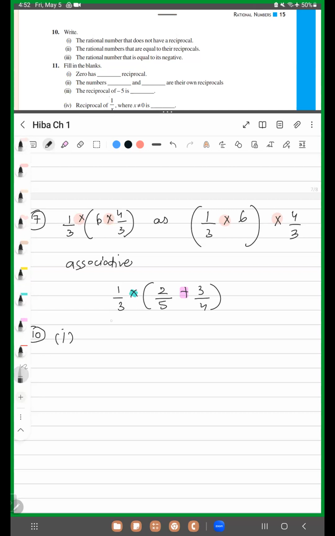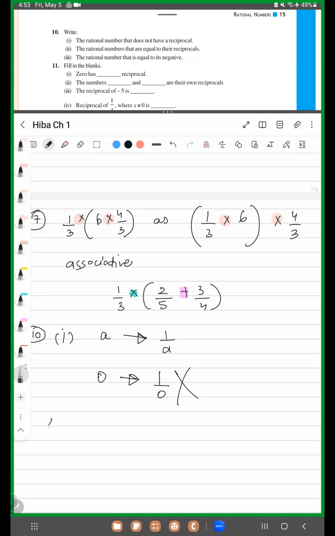Because what is a reciprocal? If I ask you what is the reciprocal of A, what will you say? 1 by A. Very good. What's the reciprocal of 0? 1 by 0, but that is not defined. So that's why we say that 0 does not have a reciprocal. Okay, I understand now.